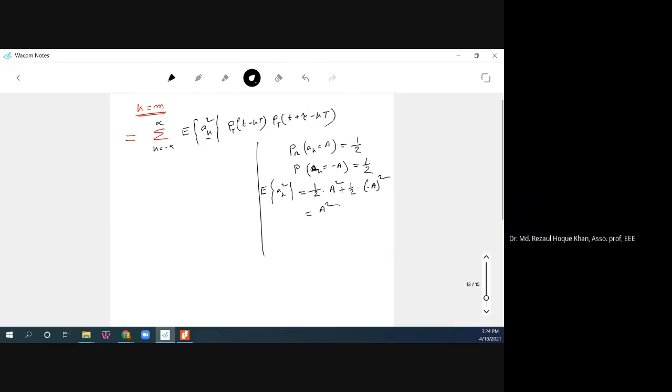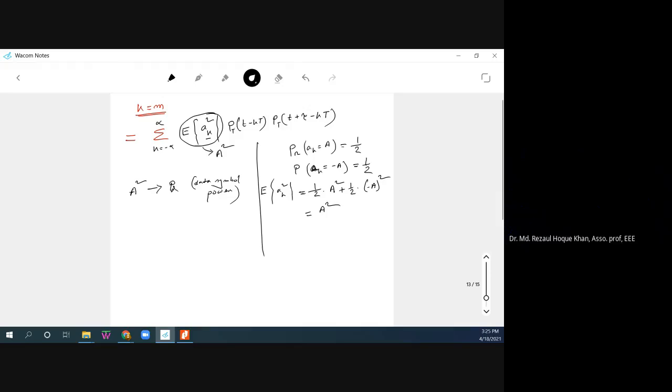So we will put it here. Now this is replaced by a squared. What is a squared? Amplitude squared is nothing but the power. We can call it the data symbol power, or symbol power P, PD, whatever.